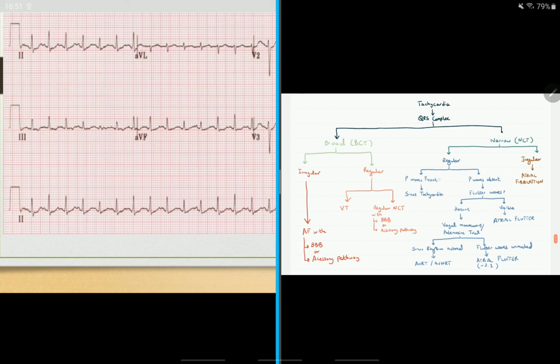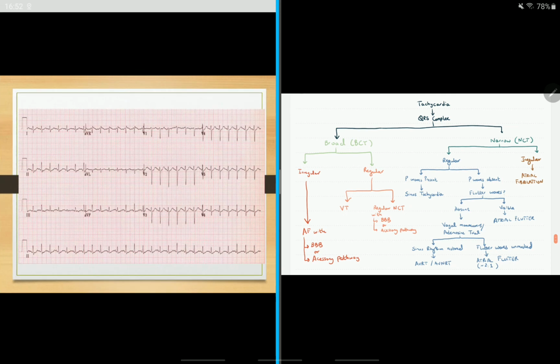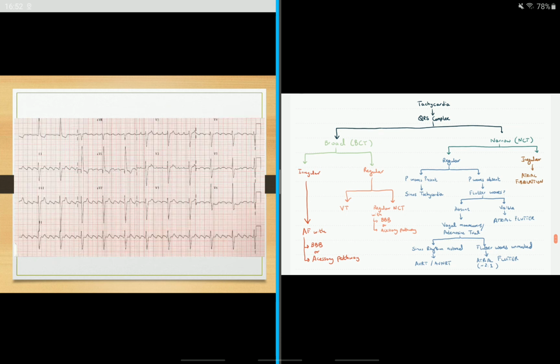Now, are the P waves present or not? If you look closely, the P waves are present. Each P wave is followed by a QRS complex, then a T wave, and then a P wave. Of course, this P wave is merged into this T wave, and this is most likely a sinus tachycardia. For sinus tachycardia, you treat the underlying cause. You don't give them rate limiting medications generally.